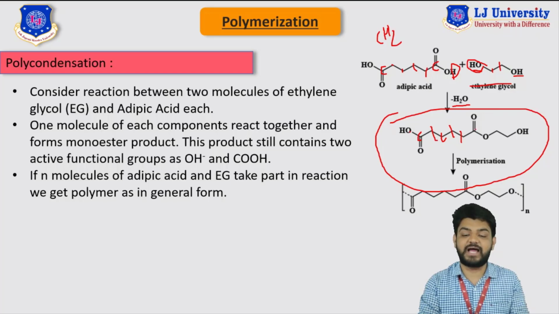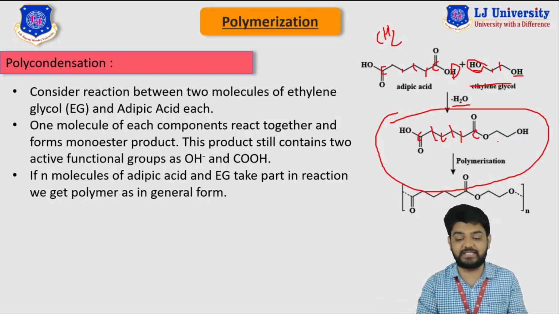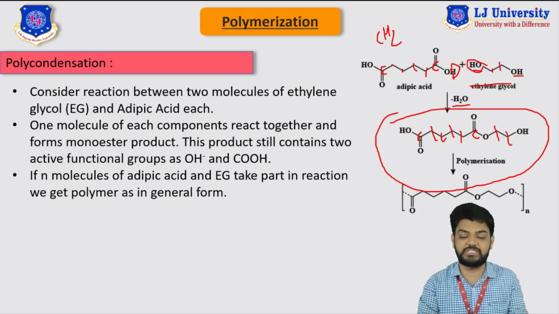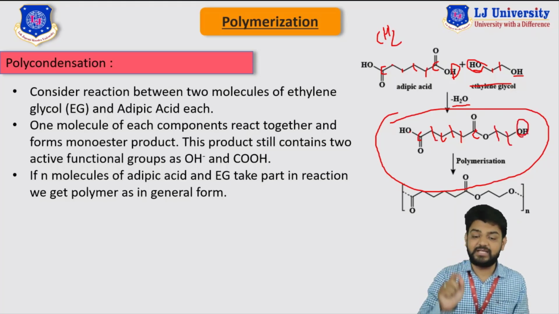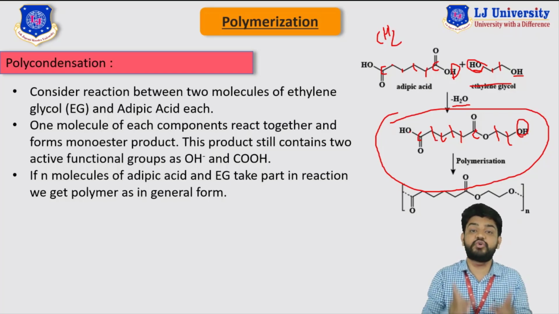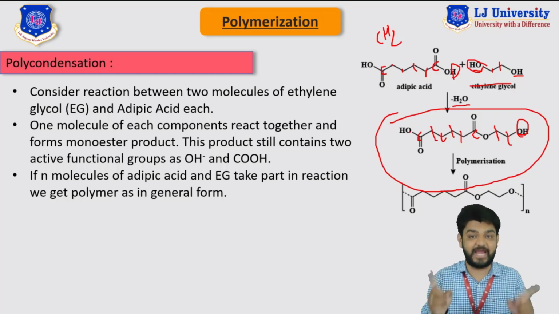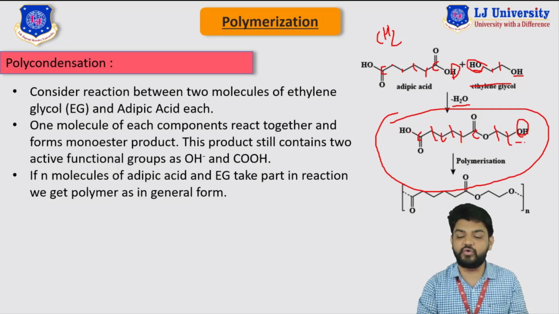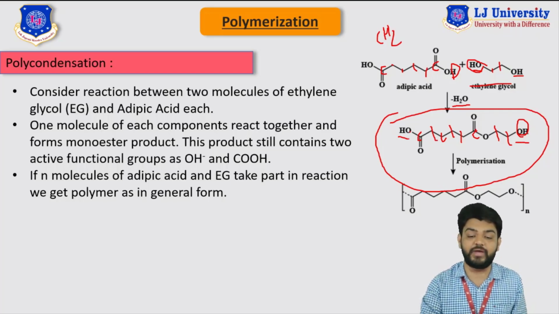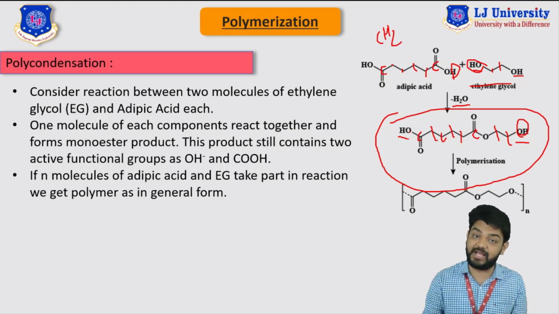Now the last carbon is attached with this COO and the chain of ethylene glycol, in which this is the CH2 and lastly we have OH. Now you can see that this product has 2 active groups left at the ends. Here we have one OH and here one more. This means this product can undergo further polymerization reaction.